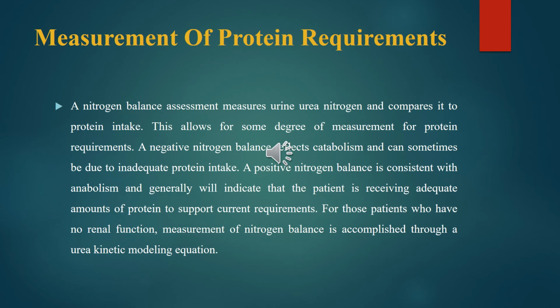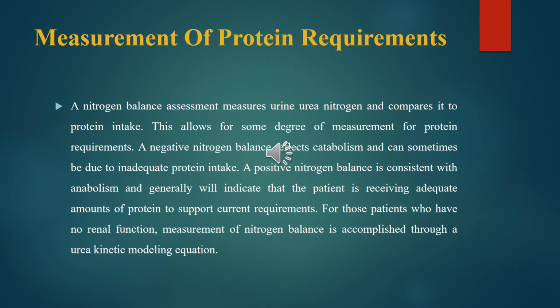The requirement of protein in the hospitalized patient is influenced by nutritional status before illness, injury, and the severity of stress or nitrogen losses. A well-nourished individual can tolerate a few days of inadequate protein intake.